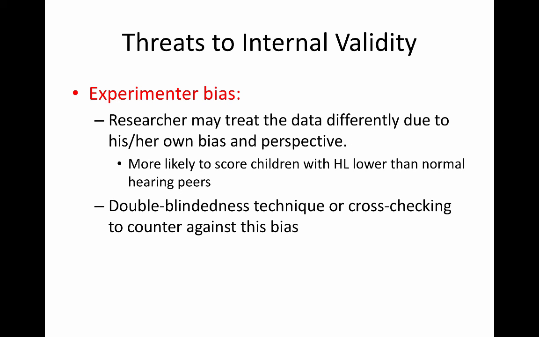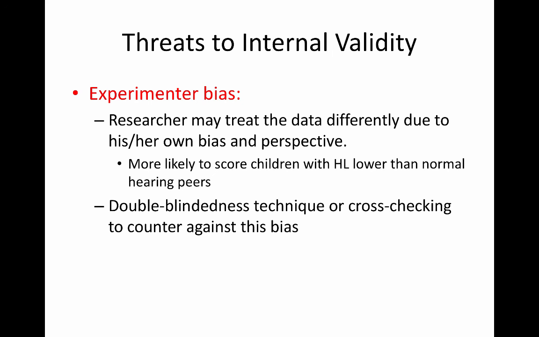Experimental bias. This is where a researcher may treat the data differently due to his or her own biases or their own perspectives. So a researcher might be more likely to score children with hearing loss lower than their hearing peers on perception of speech, just because they have their own biases.